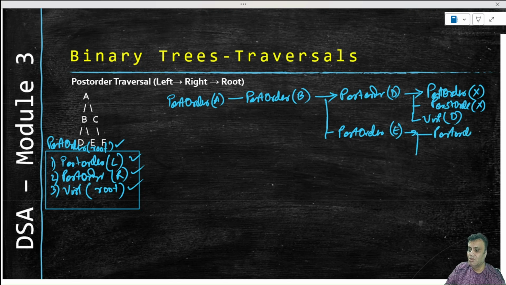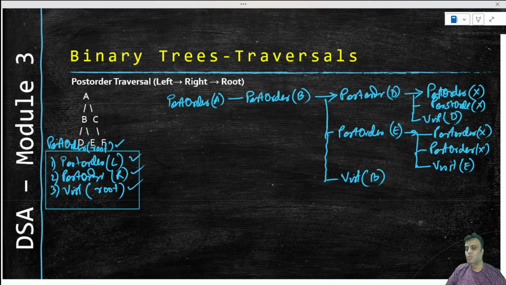There is no left to that E, so post order of X. There will be no right to that E, so post order of X, and then we will visit E, which is the root of us, right? So that completes this. Now I can print the root also here, so visit B, which is printing the root, right?